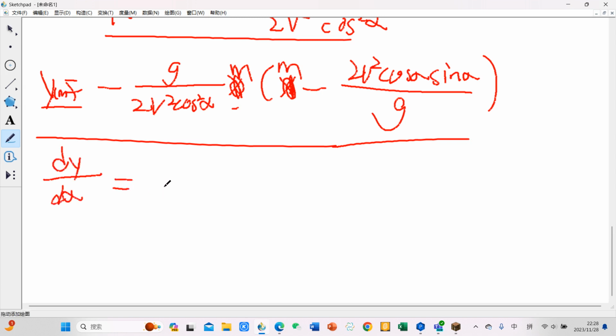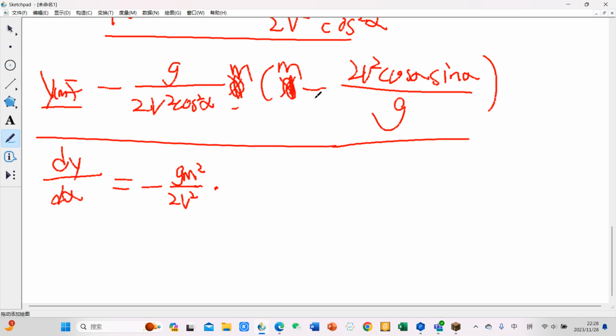It's equal to... that's not good. I don't like this derivative. It's really bad. Times, what is this? Cosine square.